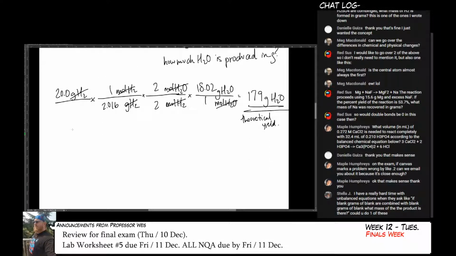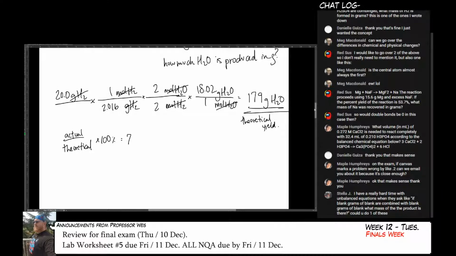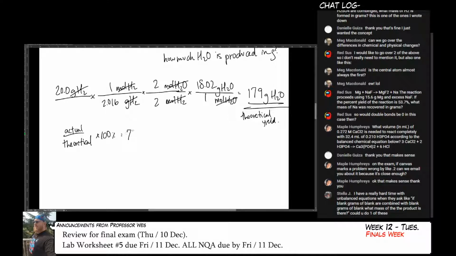But let's suppose that our actual yield only gave us a percent yield of 74.8. I know what the theoretical yield is, I just have to solve for the actual.